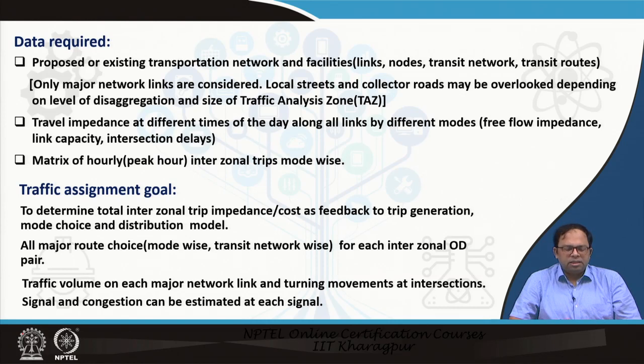That means at each intersection, how many will go straight, how many will turn left, how many will turn right, and based on that, we will also determine the signal times. And when we know signal times and the arriving number of vehicles, we can also estimate congestion at each signal. When the flow increases, the traffic signal pattern changes, and the congestion and the queue length increase.